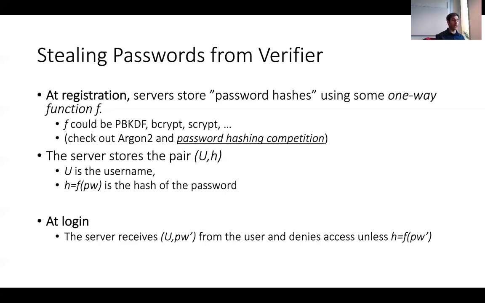So if I give you a hash of some value x, you can try all possible values for x and hash them until you find a match with the original hash, and then you know that your guess is correct. As we have discussed, passwords are secrets with weak entropy. They're short, they're not chosen at random, and therefore it's not very hard for an adversary to have a meaningful guess of the password.